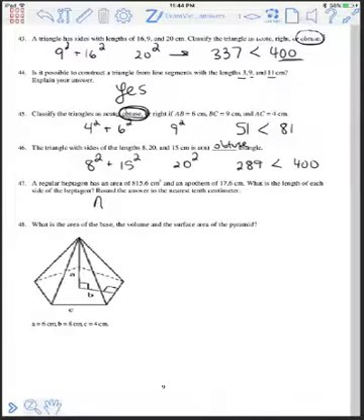The area, though, of any regular polygon is 1/2 perimeter times apothem, and we have an area of 815.6. That's 1/2 of the perimeter multiplied by the apothem, 17.6.